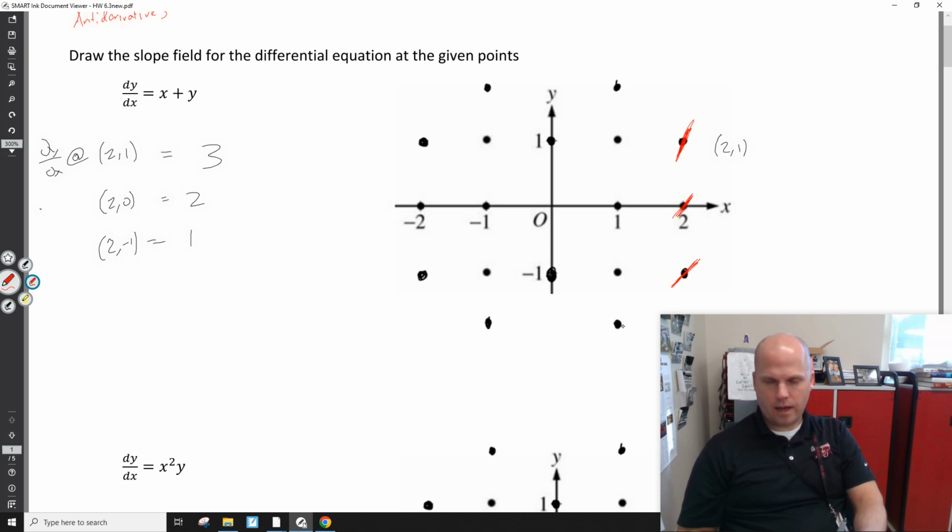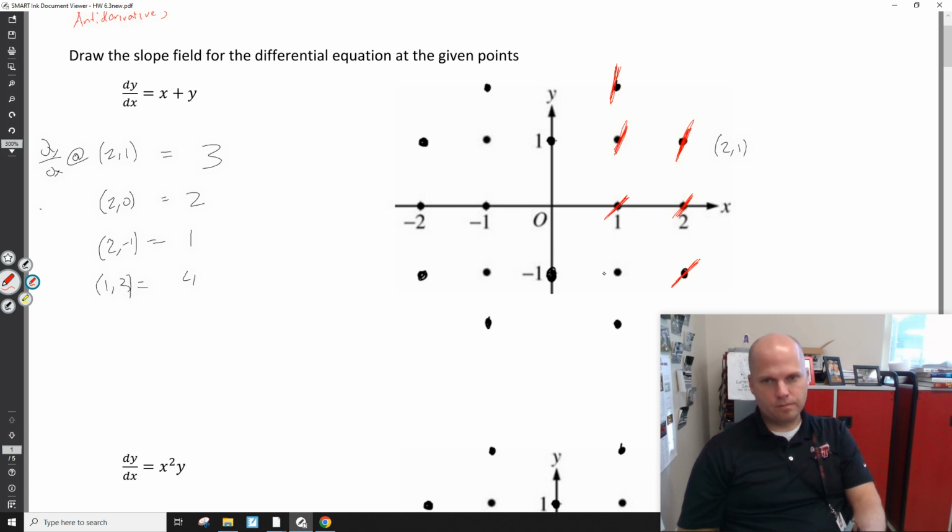Aim down and over 1. Let's look at the point 1, 3. 4. Aim 1, 2, 3, 4. Aim all the way down there. 1, 1, the slope would be 2. Aim here. 1, 0, the slope would be 1.